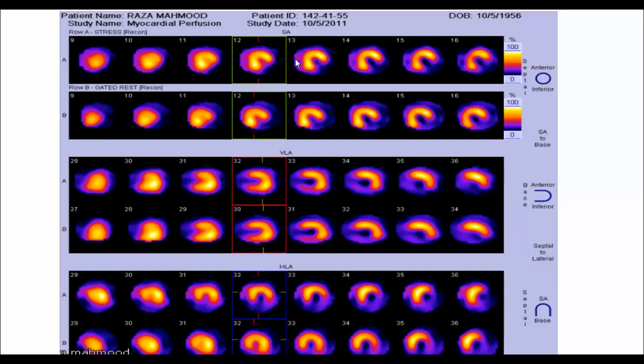Mid inferior, mid inferolateral, basal inferior, basal inferolateral, both at rest and stress, showing moderate to large size fixed perfusion defect of severe intensity involving apical inferior, mid inferolateral, and basal inferolateral. Arshad, very good. A little is missing, but it's very good.